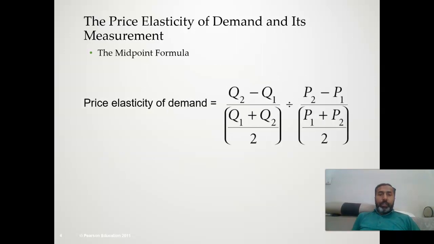Quantitatively, we calculate the percentage change in quantity demanded by Q2 minus Q1 divided by (Q1 plus Q2) divided by 2. Then this whole percentage is divided by the percentage change in price, which is measured by P2 minus P1 divided by (P1 plus P2) over 2.